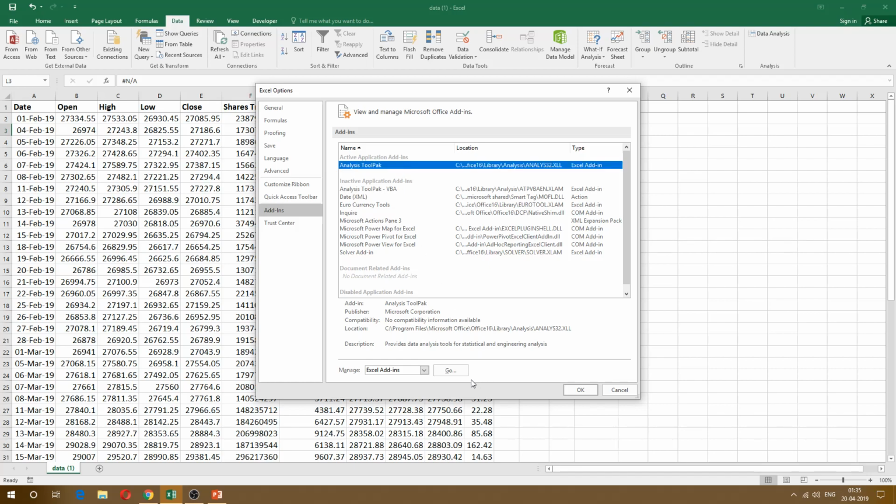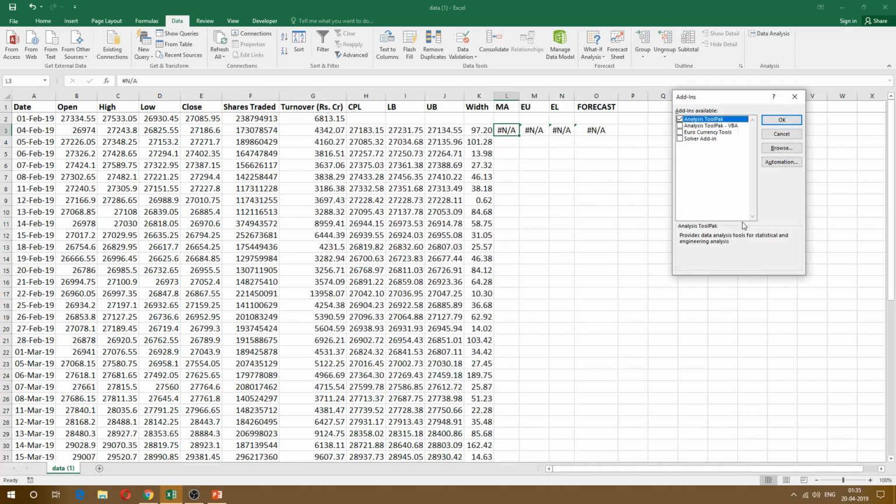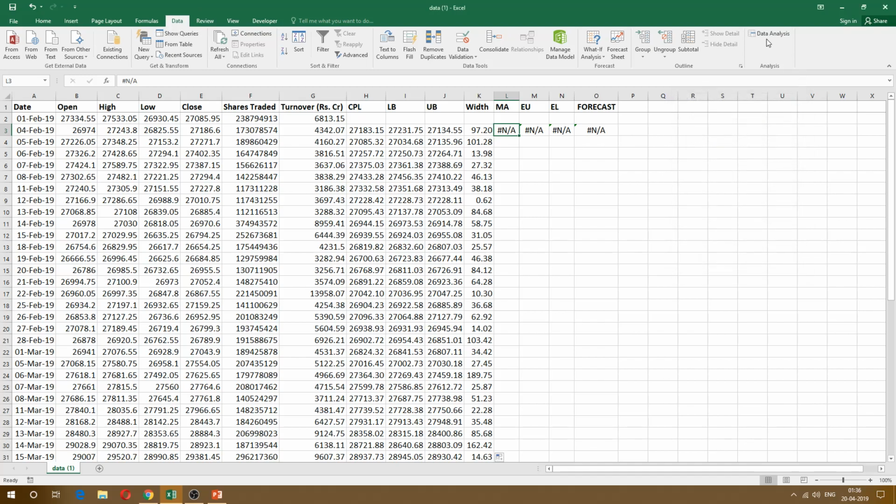Click on that, come down here, click on Go, and generally this tick is not there. It was not there for me, maybe it is already there for you. If it is not, click it once, you will get the tick, and click OK, and data analysis will be unlocked.